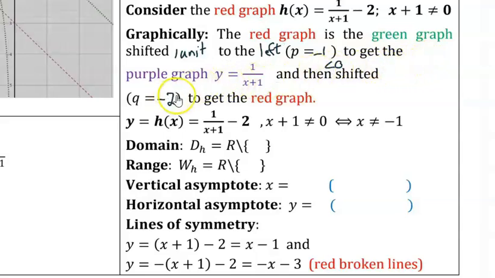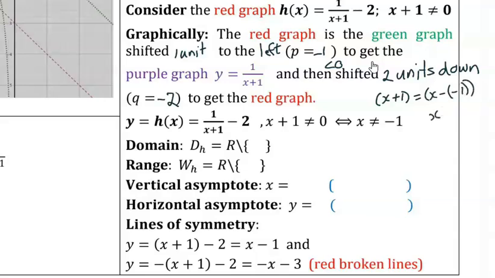And then shift it 2 units down because our q is also negative. To see that it's p equal to -1, I can rewrite this x plus 1 as x minus -1. Remember, our formula is x minus p.